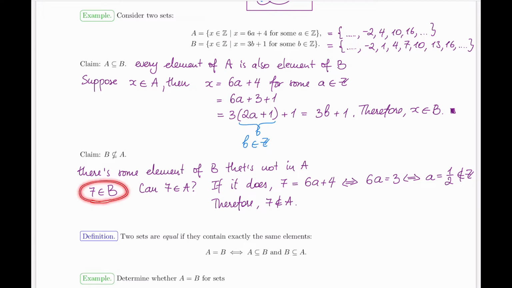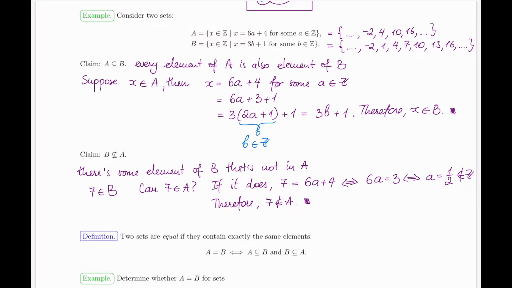We started by assuming that 7 belongs to B, and through a series of steps, we have shown that it does not belong in A. So we found an element in B outside of A, which means that B cannot be a subset of A. Okay, and we are done with this part here.